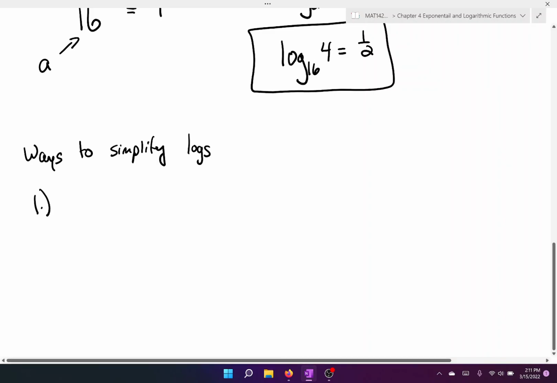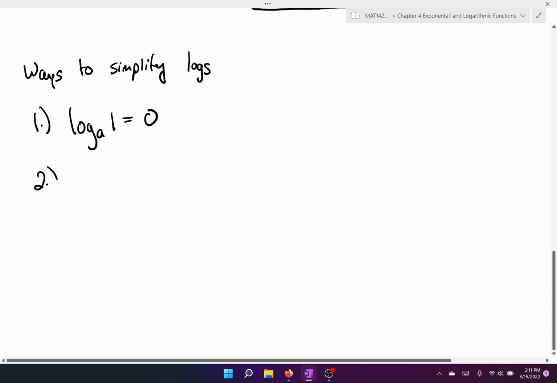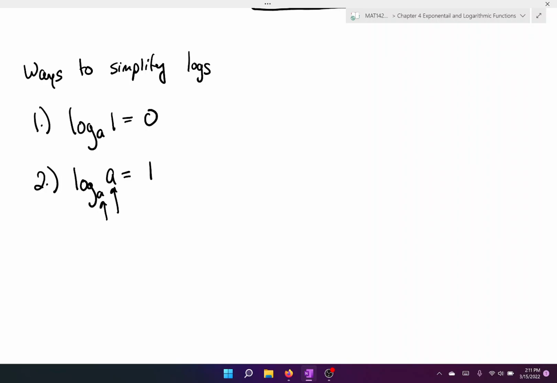So here's the first one. Log base A of 1 equals 0. Okay? Second would be log base A of A equals 1. And the key here is to recognize that if the base and the x are the same exact number, it will simplify down into a number 1.